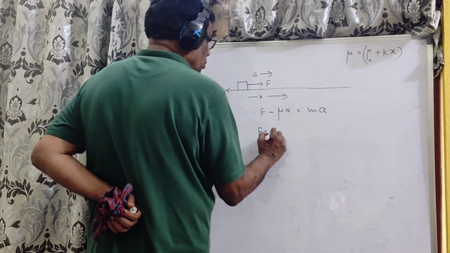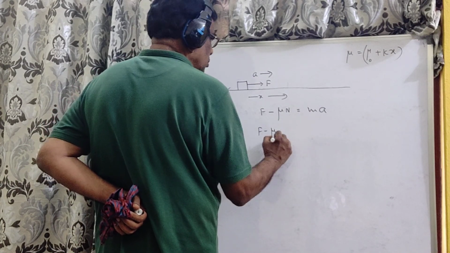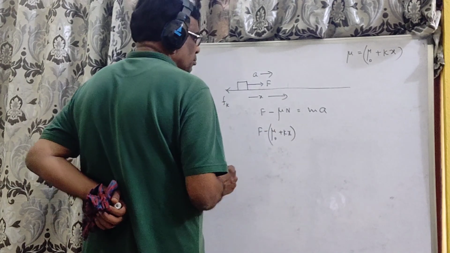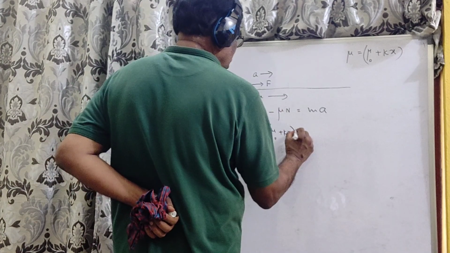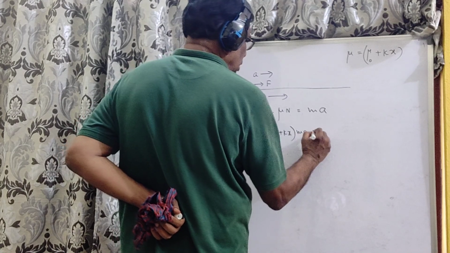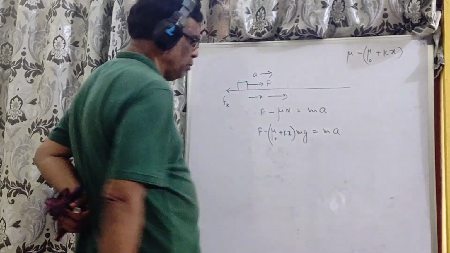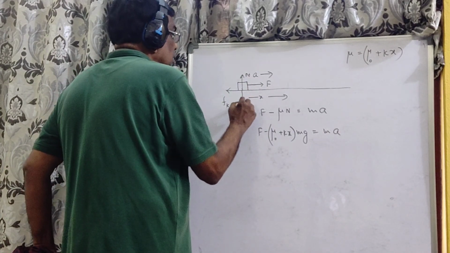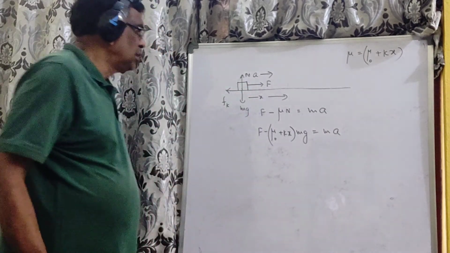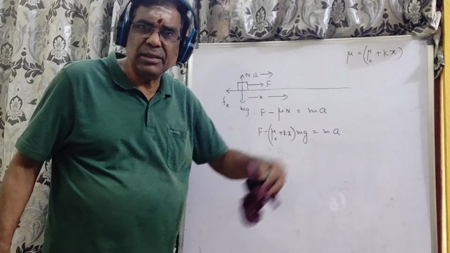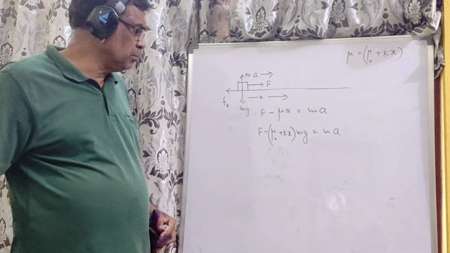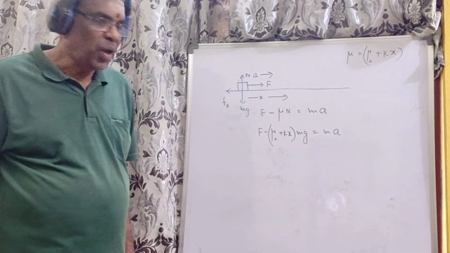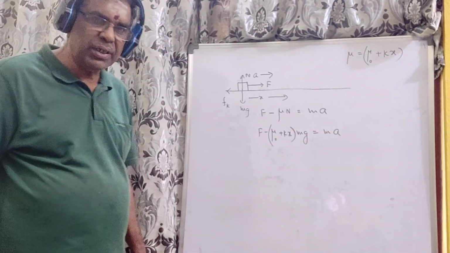F minus mu, where mu means mu naught plus kx, times N, where N is equal to mg, is equal to ma. As the body starts moving, the frictional force starts increasing.